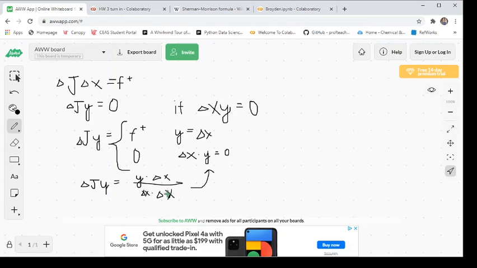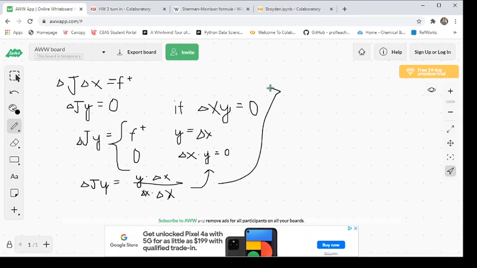But delta x and y here are n by 1 matrices, so we need to take the transpose of delta x. And then we can do matrix multiplication between a 1 by n matrix and an n by 1 matrix.